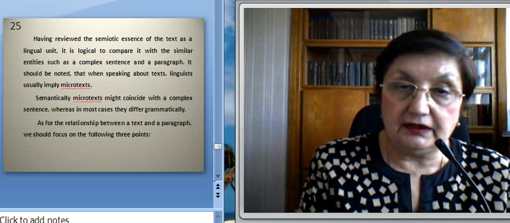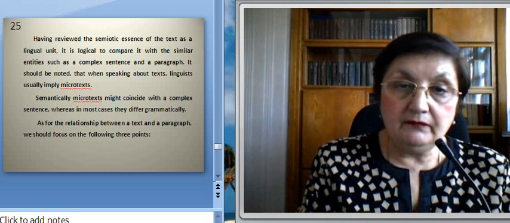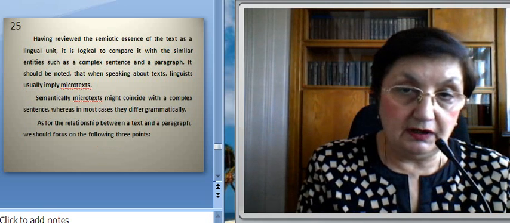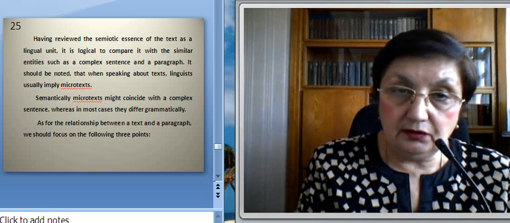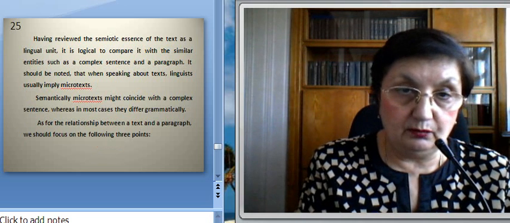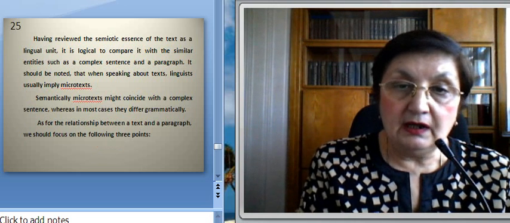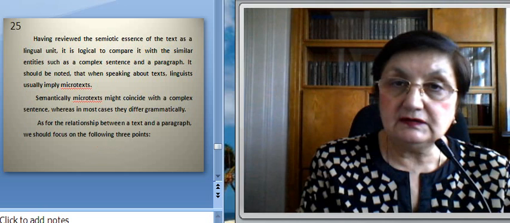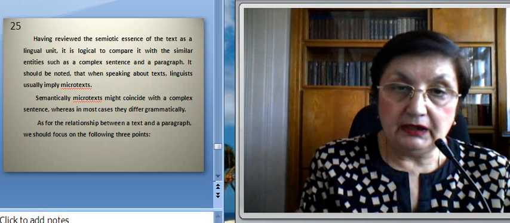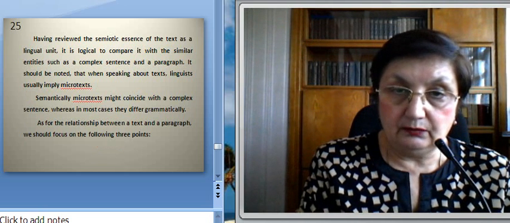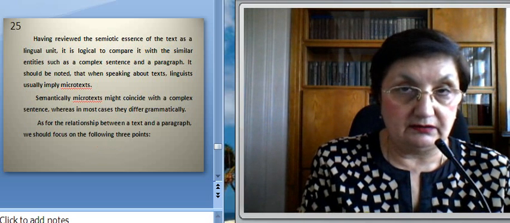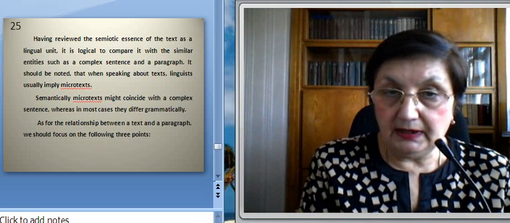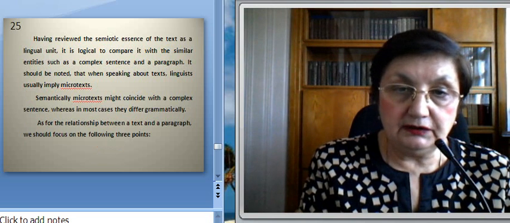It should be noted that when we speak about text, linguists usually imply microtext. Semantically, microtext might coincide with a complex sentence, whereas in most cases they differ grammatically. As for the relationship between a text and a paragraph, we should focus on the following 3 points.